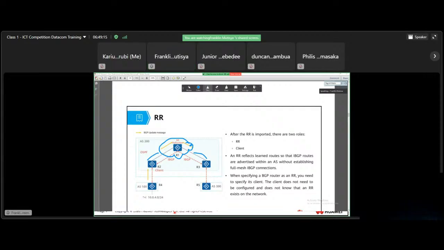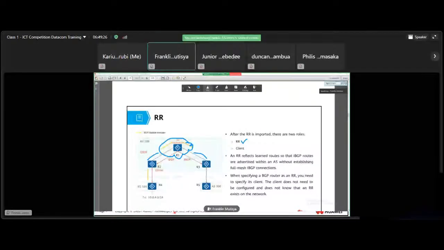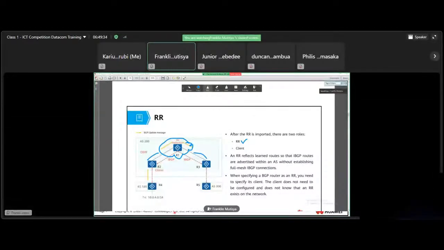When configuring a route reflector in an IBGP, you can have one router or multiple routers working as a cluster as route reflectors, and the other routers that are not route reflectors become clients. So what the route reflector does is reflect routes so that IBGP routes are advertised within an autonomous system.